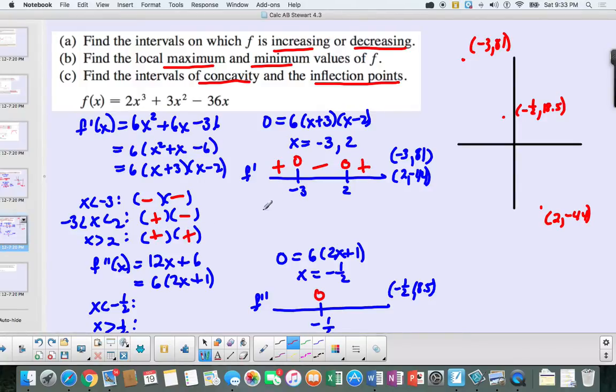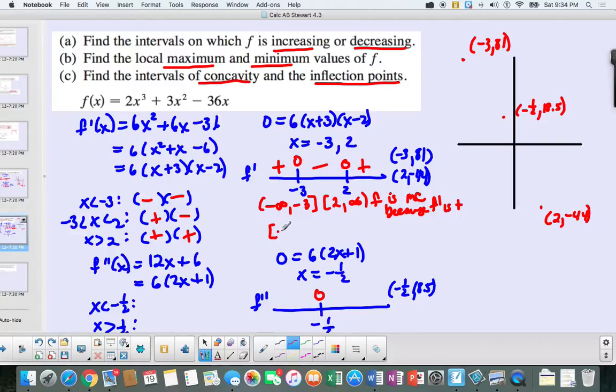So now I can talk about increasing and decreasing. I know from -infinity to -3 and from 2 to infinity, f is increasing, and that's because the first derivative is positive.